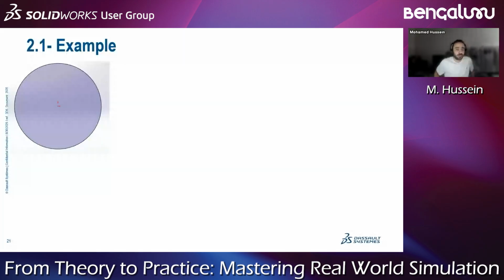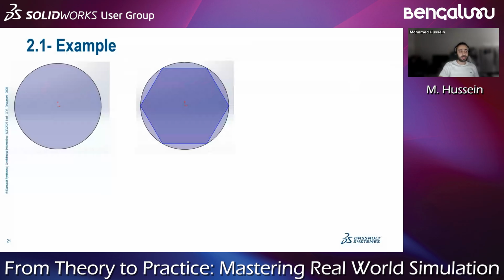Imagine that I'm asking you to draw some lines that will construct the circle. Someone decided to use these six lines, which represent the circle. If I ask you right now, how close do you think this representation is to the circle?